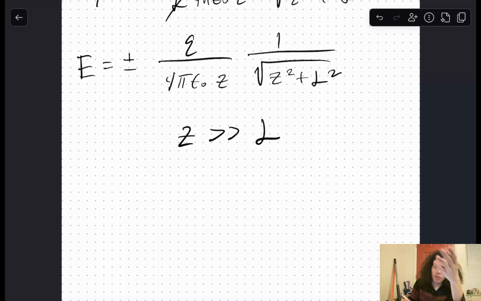In the beginning we said we expect to recover the equation of a point charge, in the same way as with our Ex component.